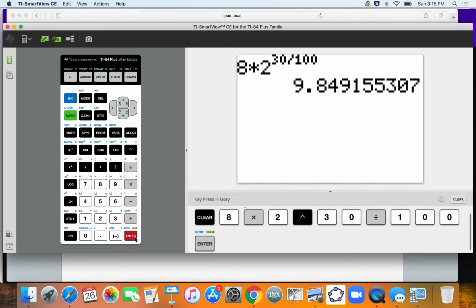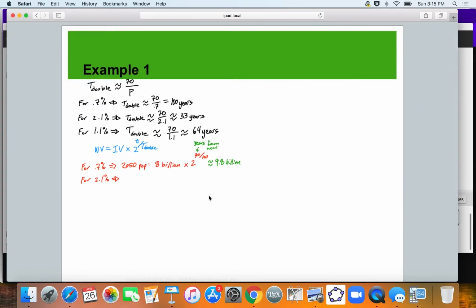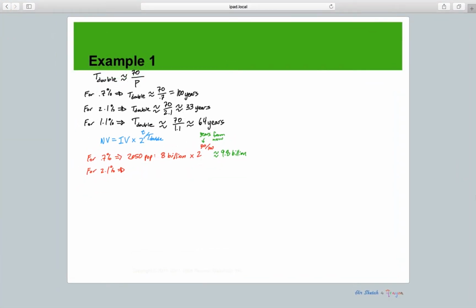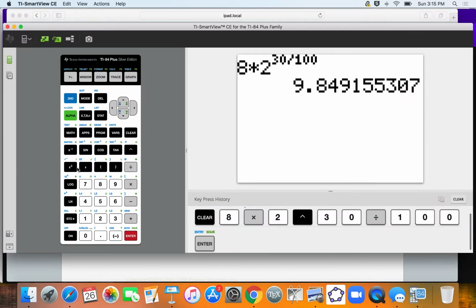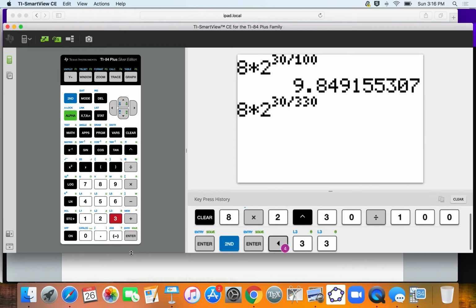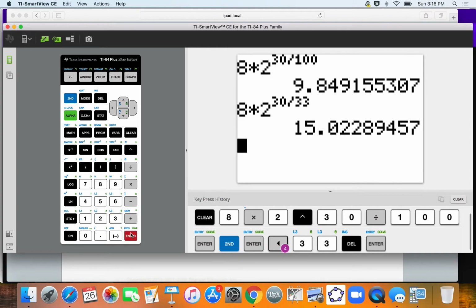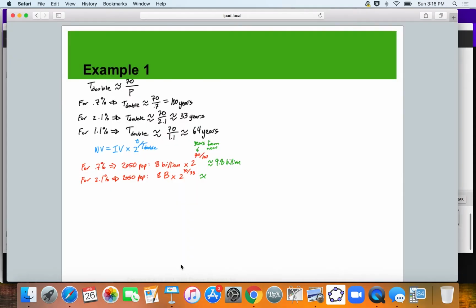All right, so now let's do the other two. So for 2.1%, our 2050 population is going to be the same 8 billion times 2 to the 30 over, now I'm going to use the doubling time of 33 years. So with that one, we get a much larger, about 15 billion.